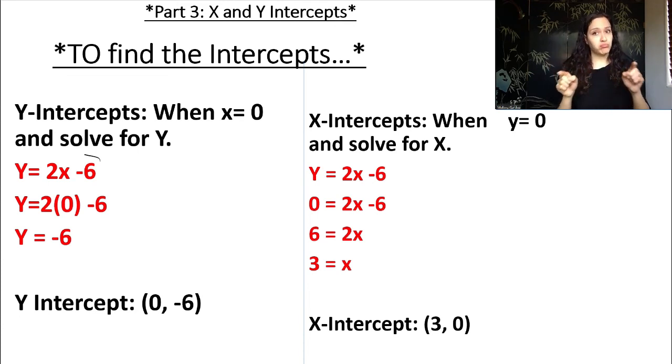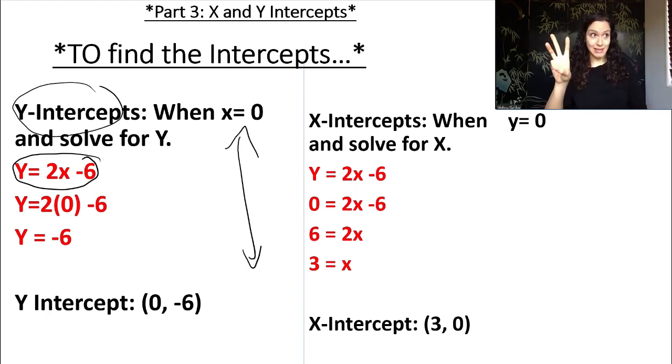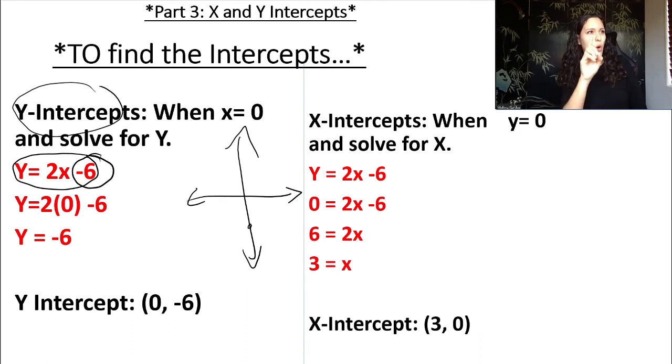So if I give you an equation, y equals 2x minus 6, if we're finding where it crosses the y-axis, well, you already know that because I showed you the trick. You just look, it's going to be at -6. But how do you prove that algebraically? How do you prove that using math? What you really are doing is plugging 0 in for x.